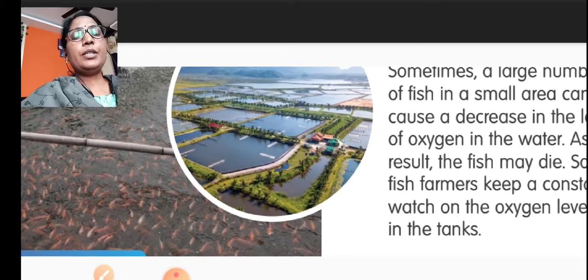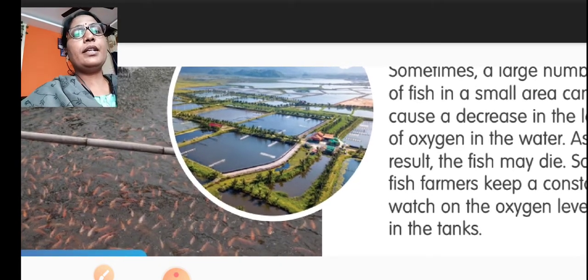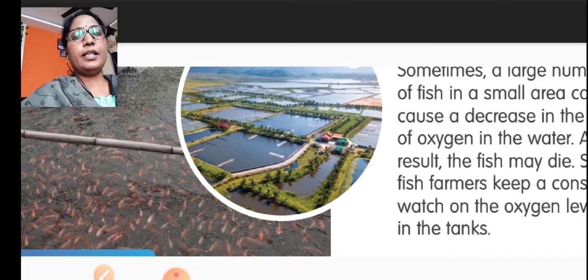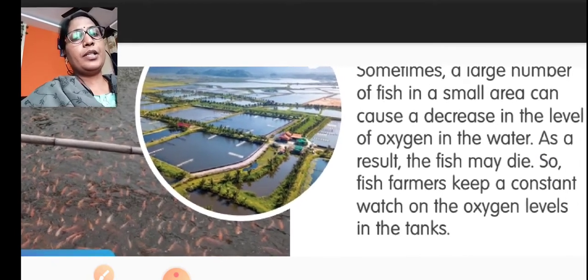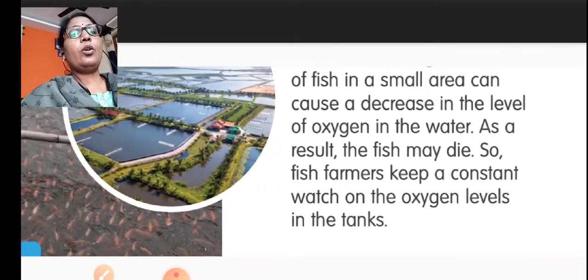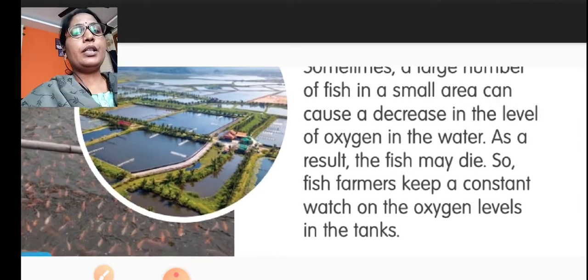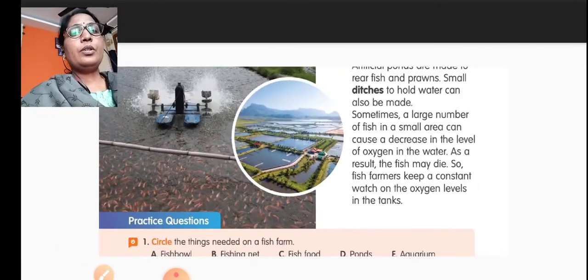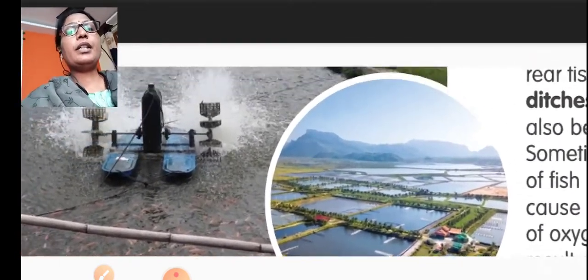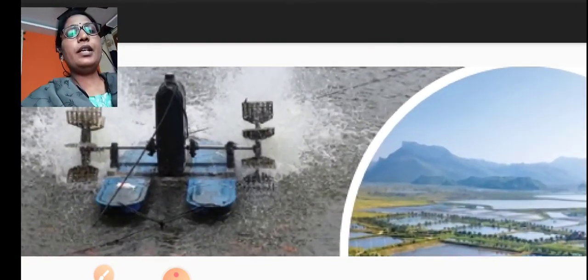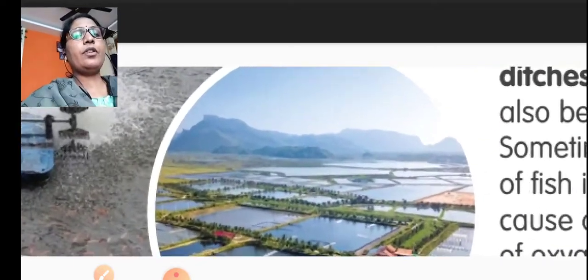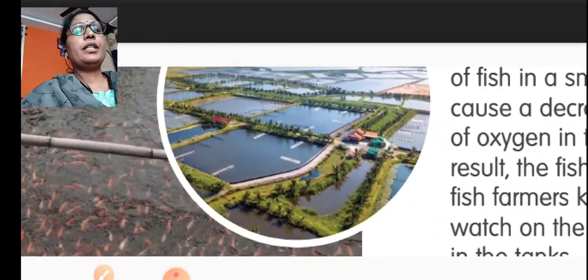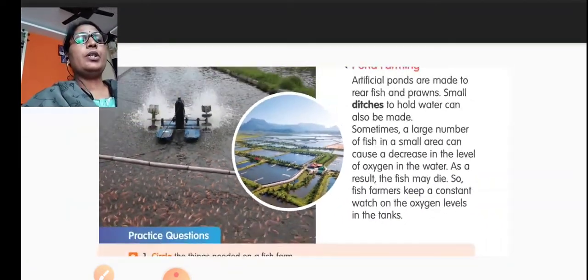So farmers continuously monitor the oxygen levels in these ditches to reduce the loss in fish farming. Understood? Here you can see how they check the oxygen levels, and how the ditches are formed.